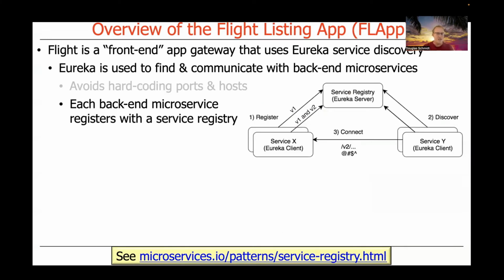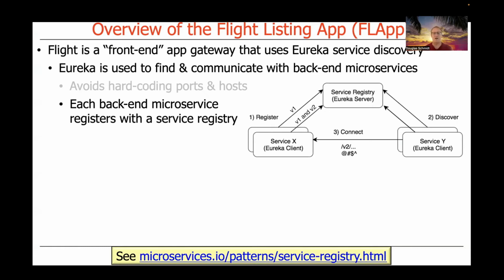Now, the way this works, as you'll see shortly, is we have each back-end microservice, and we have a number of them in this example, and you could imagine many more in a real production system. Each of these back-end microservices is going to register with a service registry. And this is a very common pattern you see a lot in microservices-based architectures.